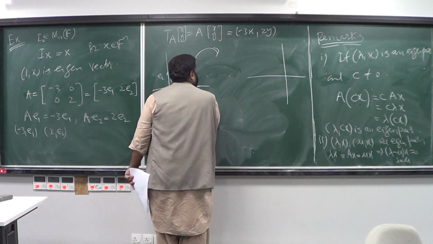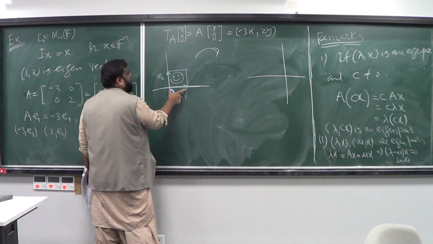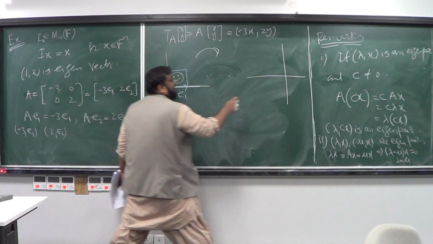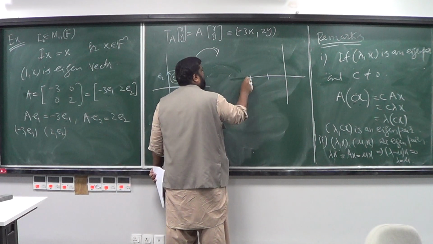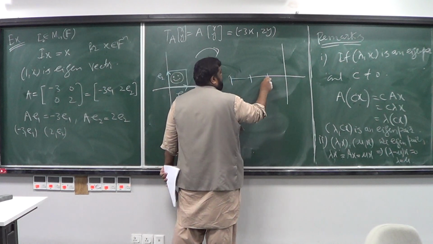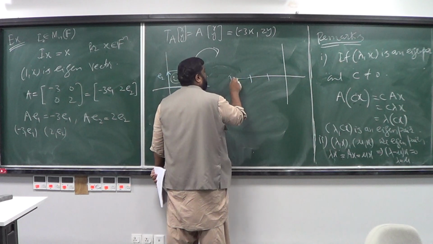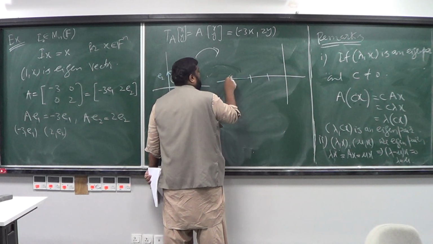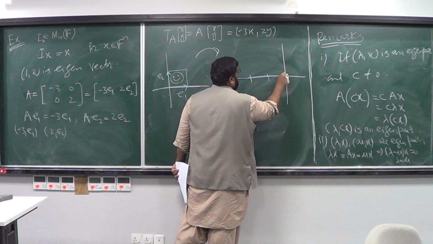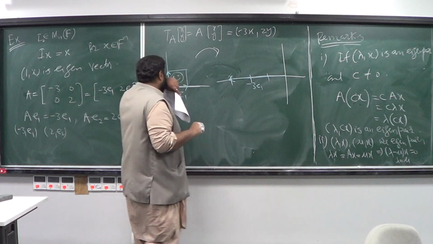So if this is E1, take 3 copies of it and invert them. So this is minus E1, minus E2, minus E3. So this vector is really minus 3E1.